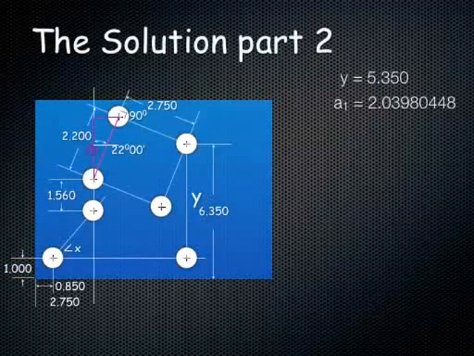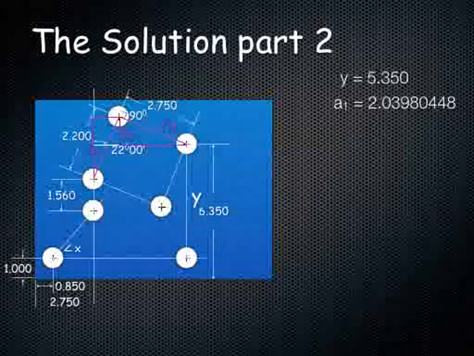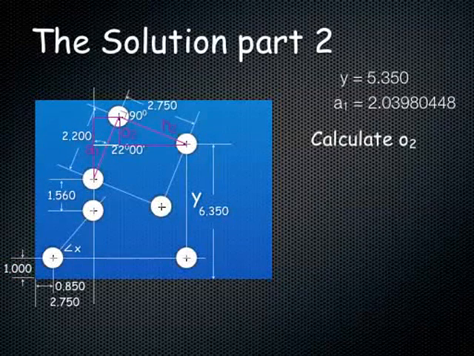Now let's take a look at this other triangle. This time we're going to look for the opposite, and we have the hypotenuse. But what's the angle to calculate O2?